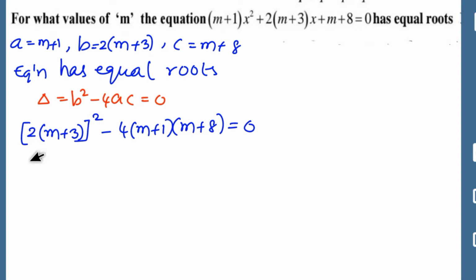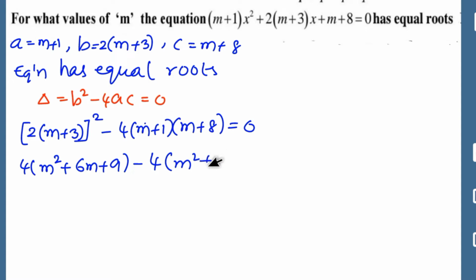First 2 square is 4. m plus 3 whole square means a plus b whole square form: a square plus 2ab plus b square, 9. Minus 4 into, do the product. First m into m square. m into 8 is 8m, m into 1 is 1m.